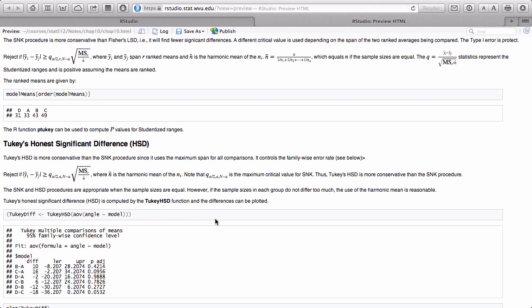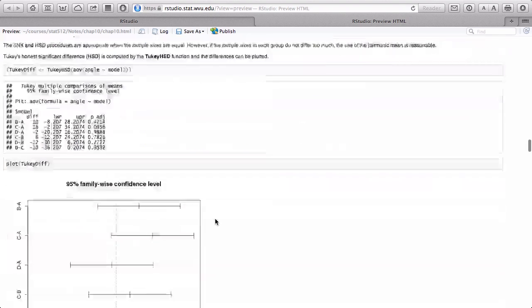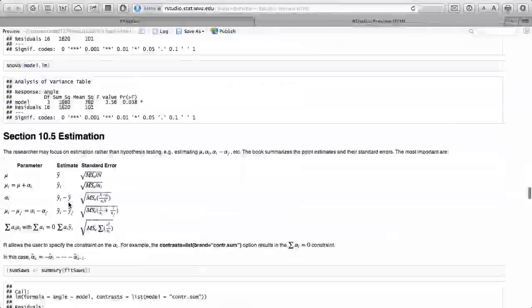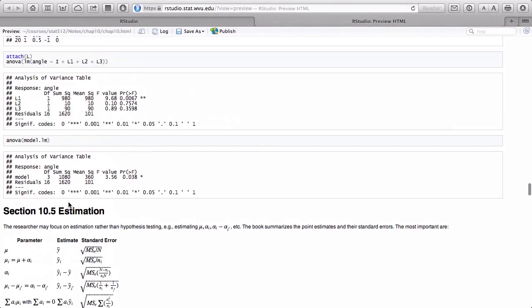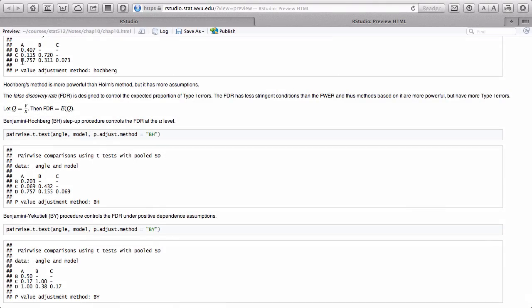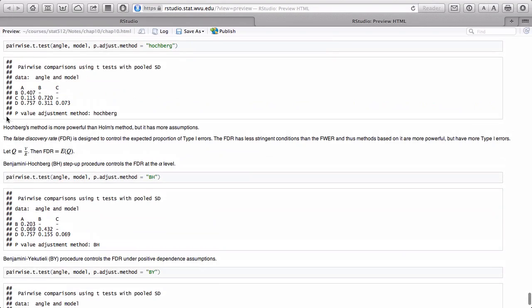Replicating that is one thing, but writing the code that would create something like this table, not that table. Where is it? Oh, down here. Remember all these little tables that have the p-values in it? That table. That's slightly more difficult.